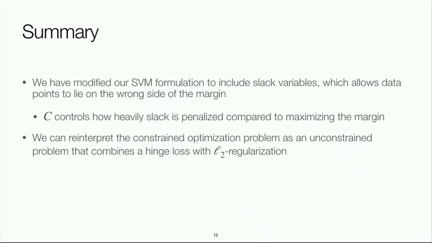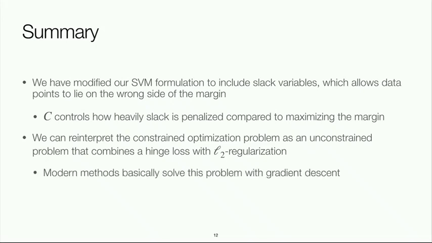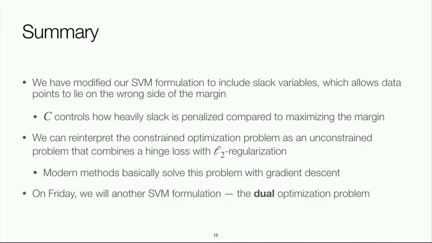We just saw how to reinterpret this constrained optimization problem as an unconstrained problem combining a hinge loss with L2 regularization. Modern methods basically solve this problem with gradient descent, which is nice.